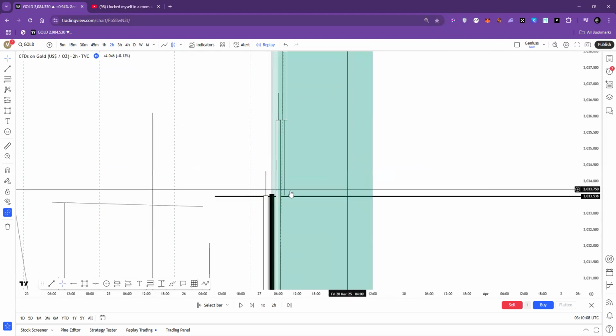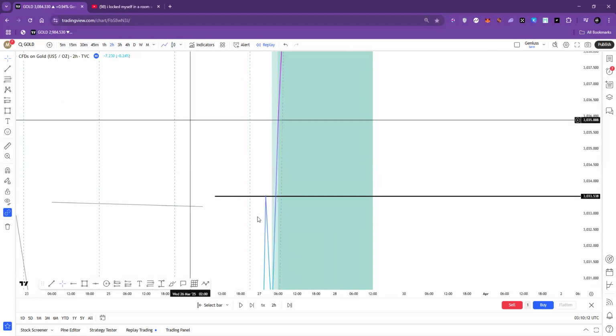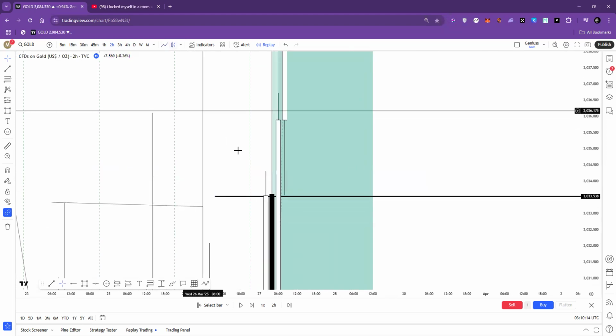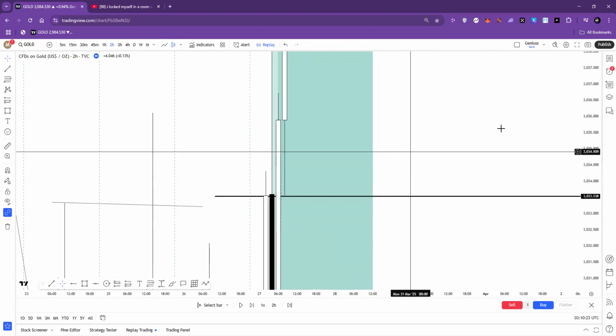As you can see, the price did not touch the key level. Can you see? Price did not touch the key level. So this now serves as what? Liquidity, inducement liquidity for continuation, right?